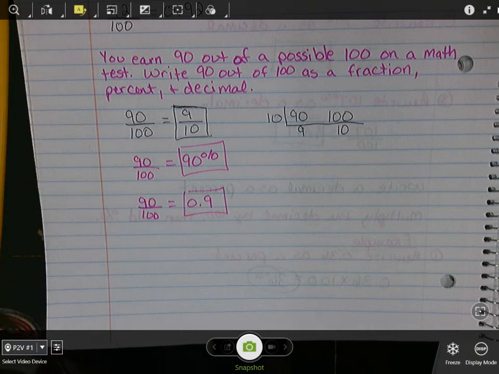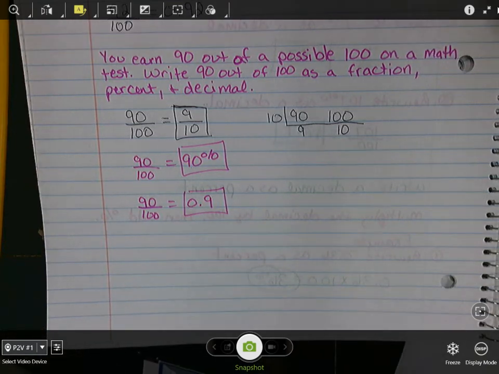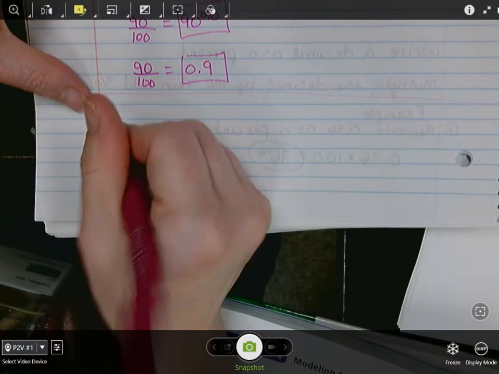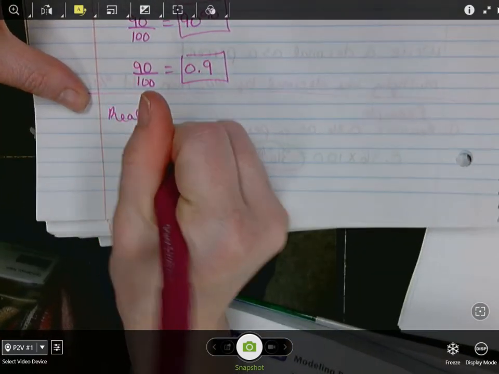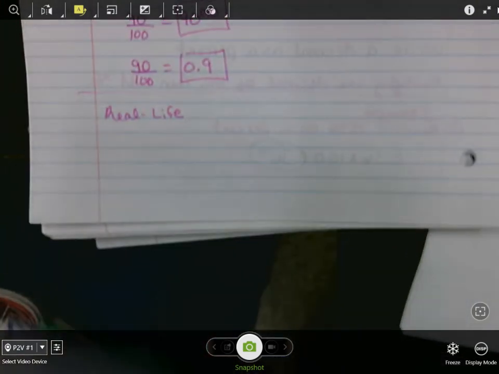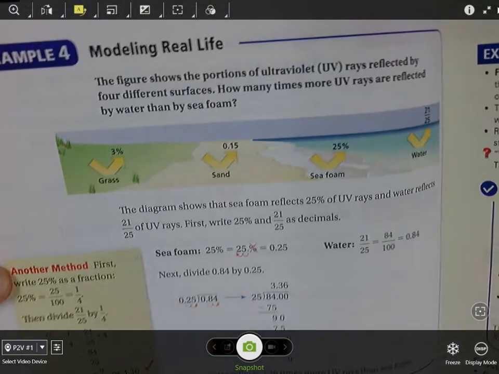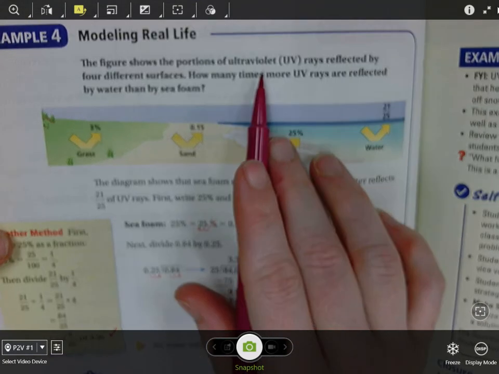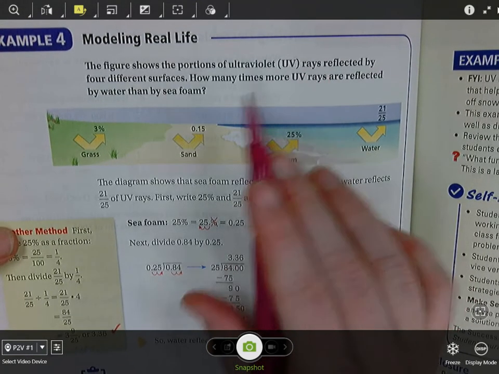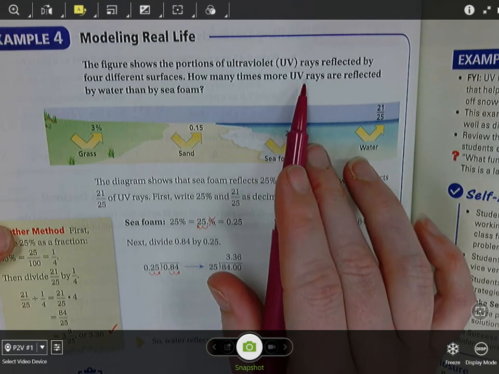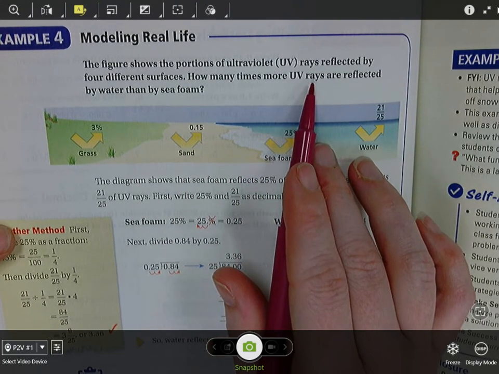Okay, modeling a real life situation. It says, the figure shows the portions of ultraviolet rays reflected by 4 different surfaces. How many times more UV rays are reflected by water than by sea foam?